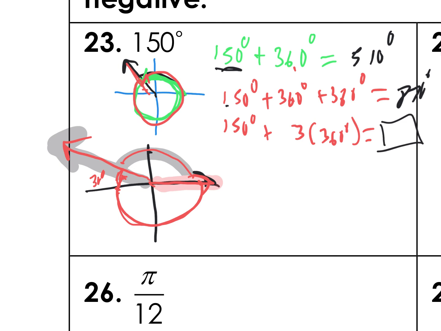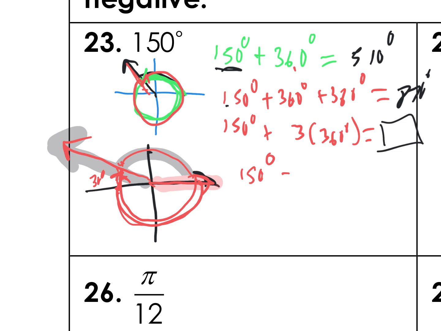So one way of doing it is take your 150 degrees and go from there. If I do the negative, that's 180 degrees, no, not 180.